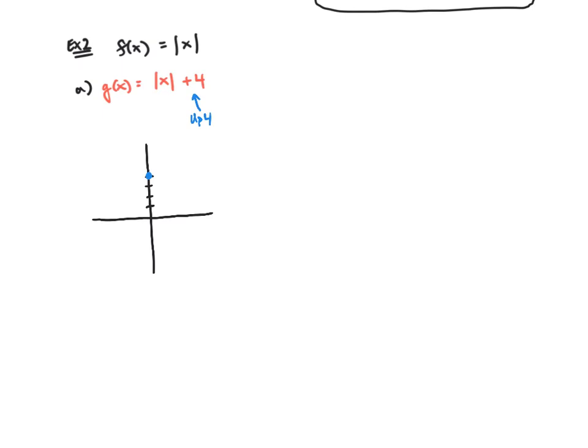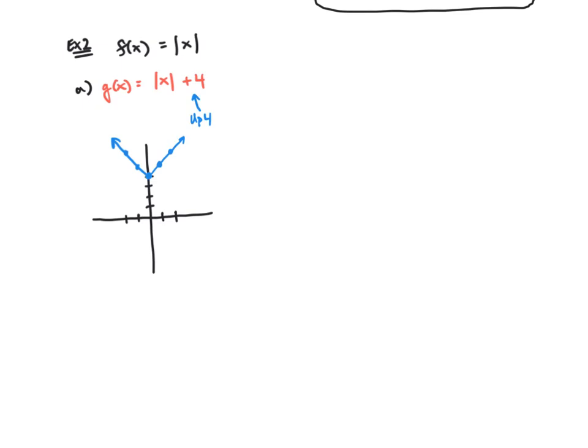The graph goes 1 over, 1 up, and then 2 over, 2 up, on both sides. So 1 over, 1 up on the left, and 2 over, 2 up on the right. That gives you all 5 of your original points shifted up 4 units.